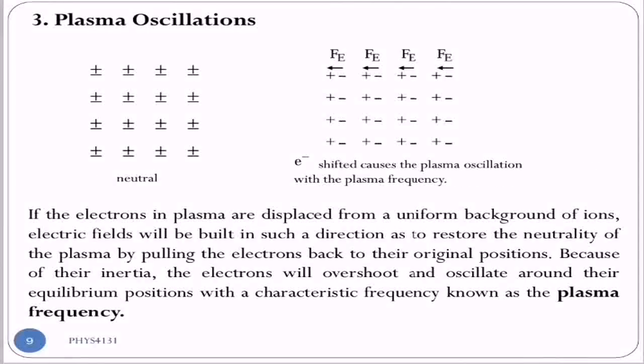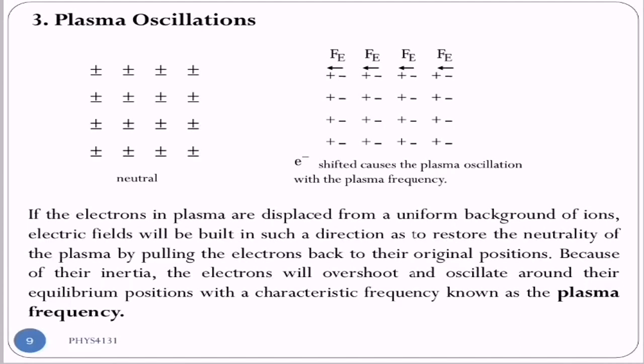Next is plasma oscillations. As we know, plasma consists of electrons and ions, and overall plasma is neutral.